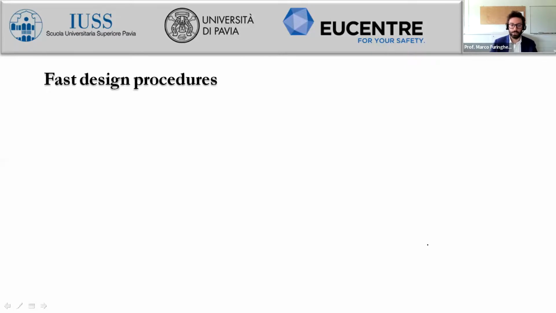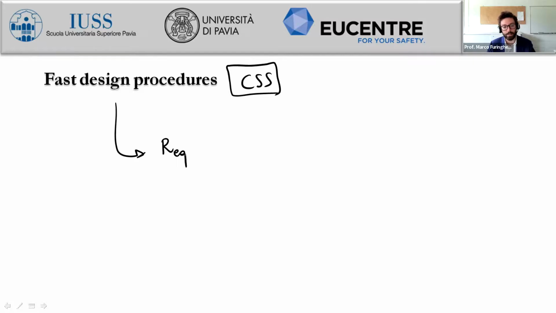For just curved surface sliders, I would want you to see how to completely design the device. With the design procedure for curved surface sliders, you can compute the R equivalent, the equivalent radius of curvature, and the design value of the friction coefficient.